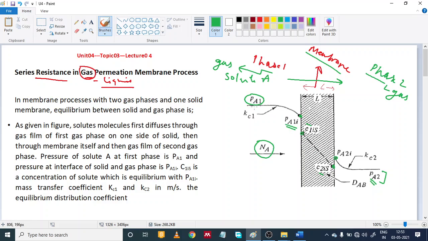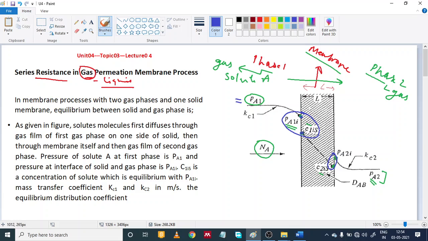This is the bulk A1 pressure, and if the pressure is slightly reduced at this point, then the concentration of A is reduced again. There is a relationship between these two, the interface relationship between the gas phase and solid phase, represented by the K values. And again there is a relationship at the second phase also, between the solid and gas phase.